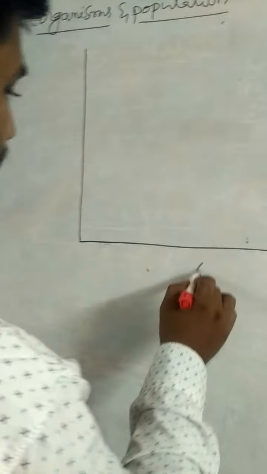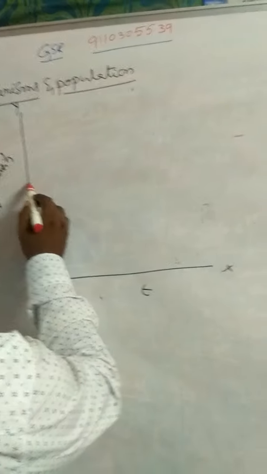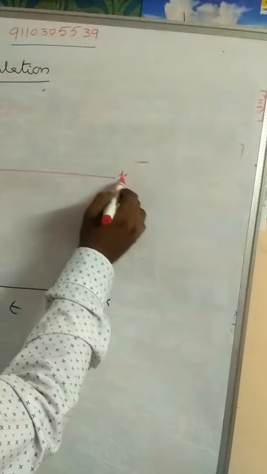In sigmoid growth curve, or logarithmic growth curve, or logistic growth curve, time t is plotted on x-axis, population density n is plotted on y-axis. This is the carrying capacity. Carrying capacity is equal to K.